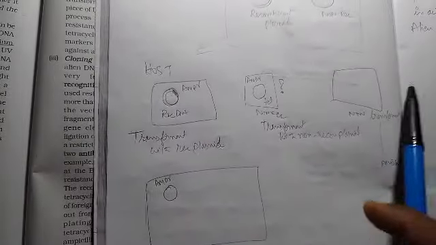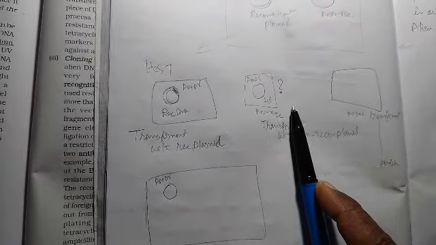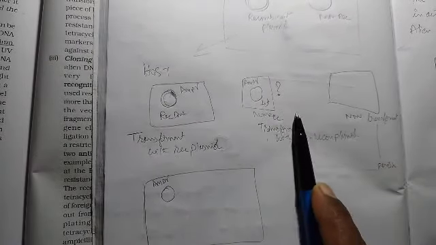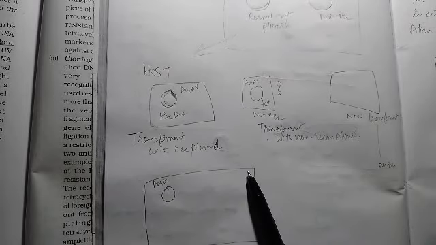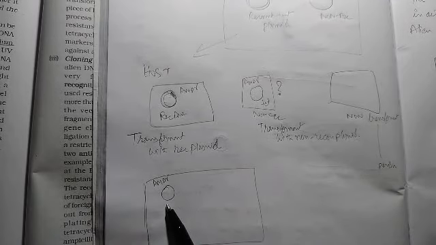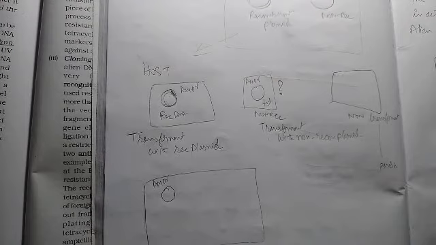So here in this case, one problem may arise. If a non-recombinant plasmid arises, what happens? It grows both in the ampicillin and also in the tetracycline.